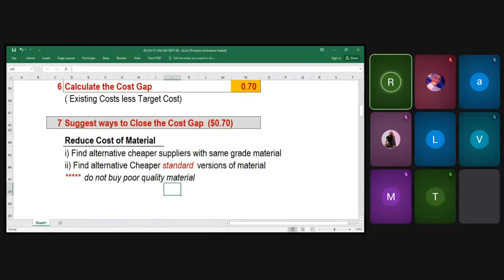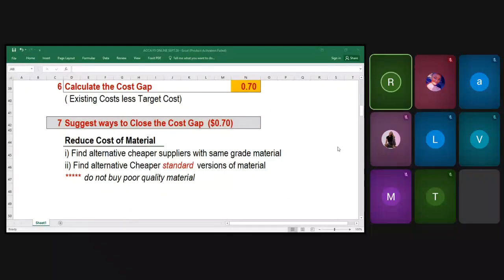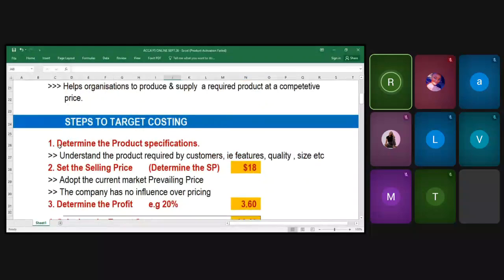Participate, guys. I want to try, Sam. Thank you. I think it will result in poor quality. Also, the results will be in higher wastage. All right, thank you so much. And that is very, very correct. So if you buy poor quality material, number one, it compromises step number one, the product specifications. The quality of the product is going to be compromised.